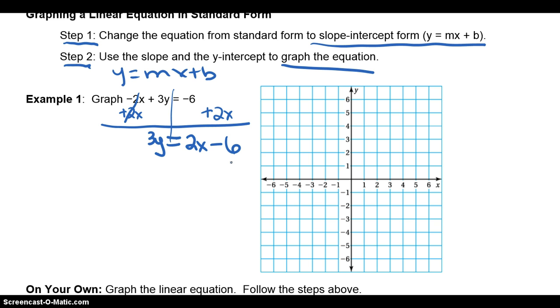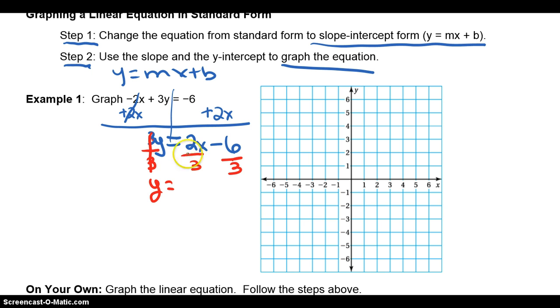Okay, then you say, remember the song, what does y equal? Well, looking at this, y is not by itself yet. So we need to get the y by itself. How are the 3 and the y connected? By multiplication. So you're going to divide every single thing by 3. Why did we do that? Because 3 divided by 3 is 1, and that gives us y by itself.